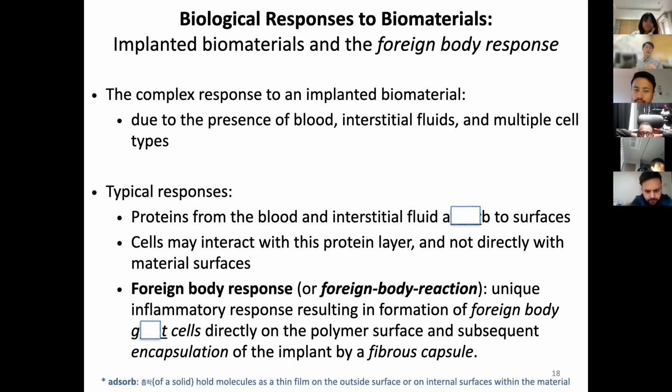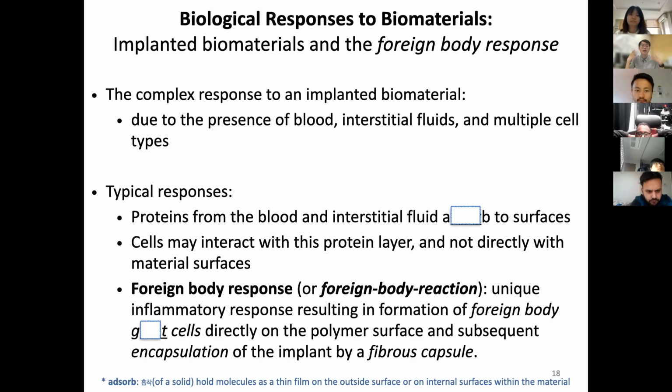But the body recognizes self versus non-self, which is our immune function. And the complex response to implanted biomaterial is due to the presence of our blood and interstitial fluid, because biomaterials are in contact with either blood or interstitial fluid, and of course directly in contact with multiple kinds of cell types.